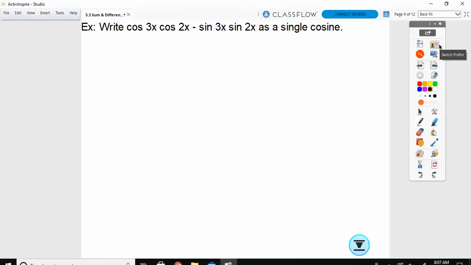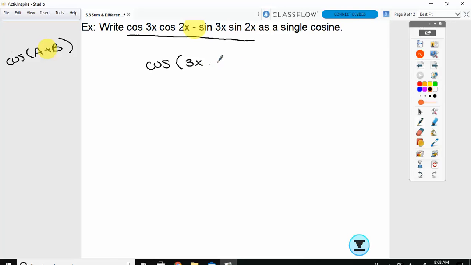Really just a couple examples. Because this is a subtraction, that's the cosine of A plus B, cosine sum formula.